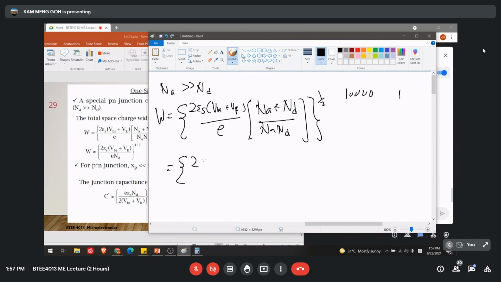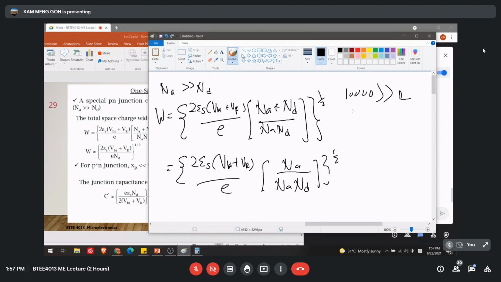Then you can assume that in the numerator, Na plus Nd is more or less Na. But Na, you still multiply with Nd. Imagine if Nd is 2, this is still valid: 10,000 plus 2 is almost equal to 10,000. But if you use 10,000 multiplied by 2, then it's a different story.